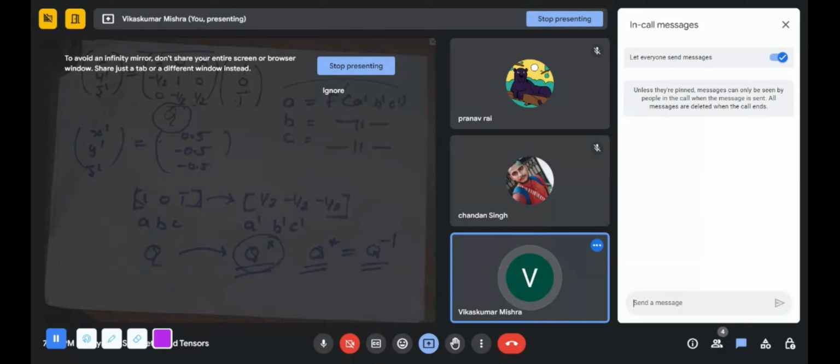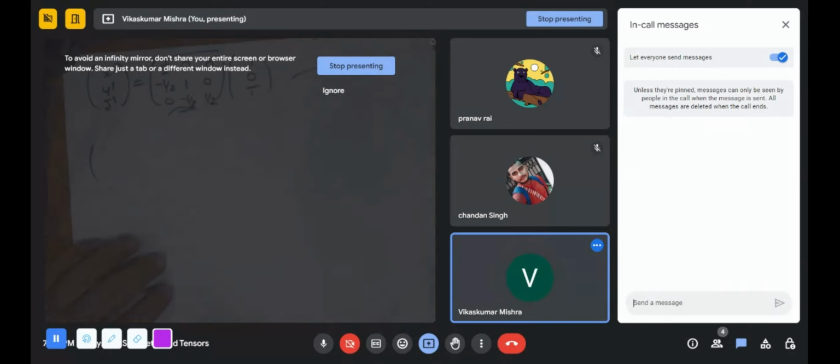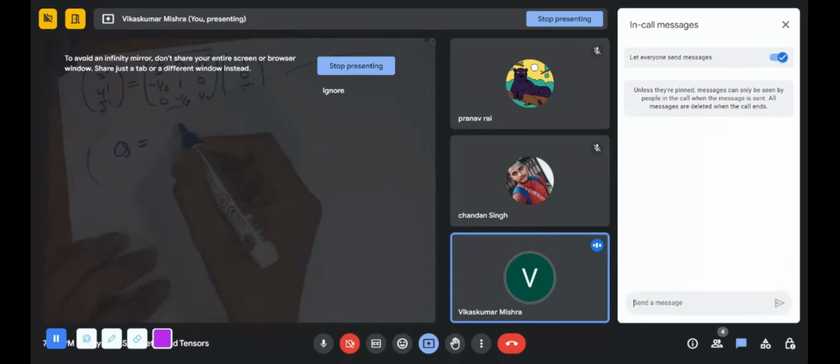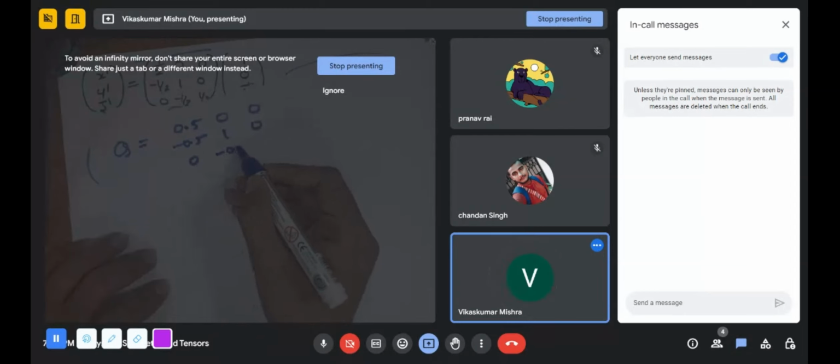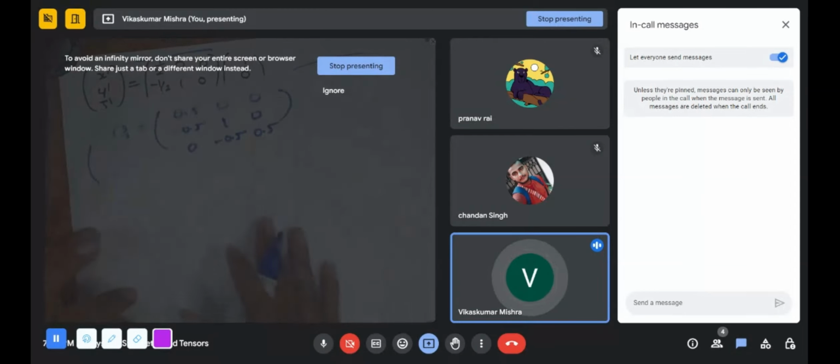Let's write the Q again. So the Q was 1 by 2, that is 0.5, 0, 0, minus 0.5, 1, 0, minus 0.5.